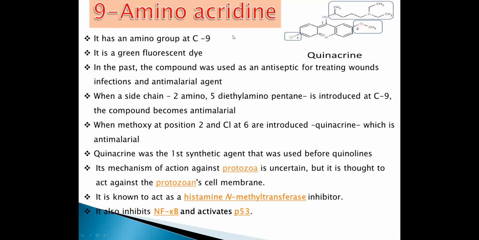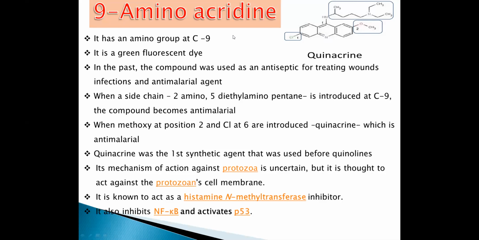The amino group is attached to a side chain similar to your chloroquine side chain. It is similar to chloroquine and primaquine, and so it contains a 2-amino diethylaminopentane side chain at the 9th position, similar to that of chloroquine.